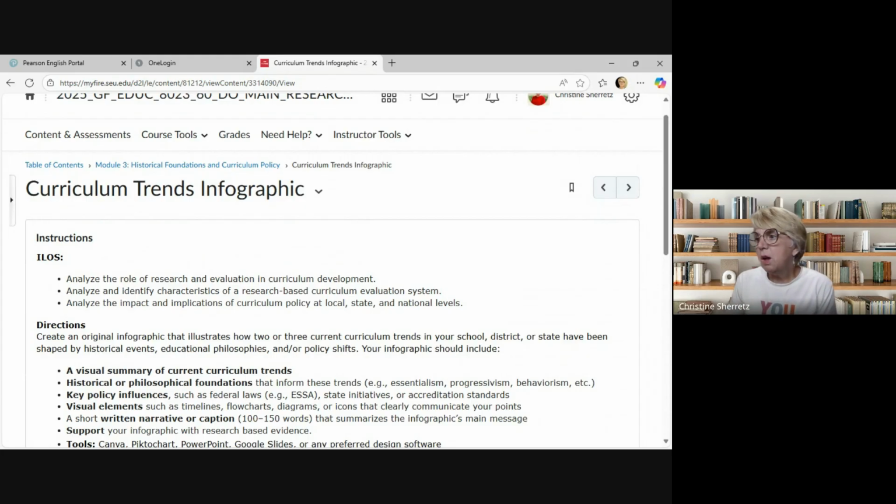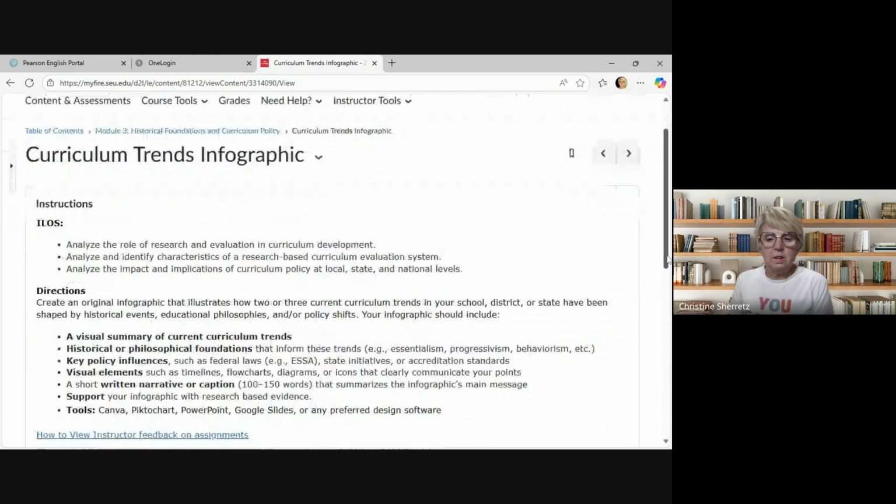So I want you to think about 2 or 3, and no points are taken off if you do 2 or 3 curriculum trends in your school, in your district, in your state, or your country. A lot of you, we have people in different countries. That's fine too. And for me, I'm a reading person. So really the science of reading is huge right now. I cannot tell you how much that has impacted me and how I teach and how we develop classes.